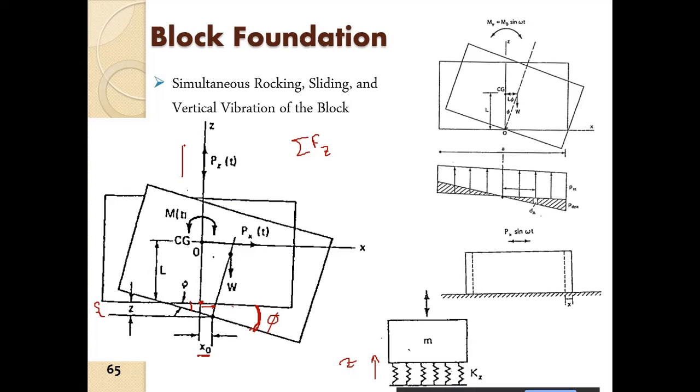All the forces in the z direction we will sum up, and that is equal to the mass of the foundation system into the acceleration in the z direction. Then the other component will be translational motion along the x-axis: Fx is equal to mass into acceleration along the x-axis.